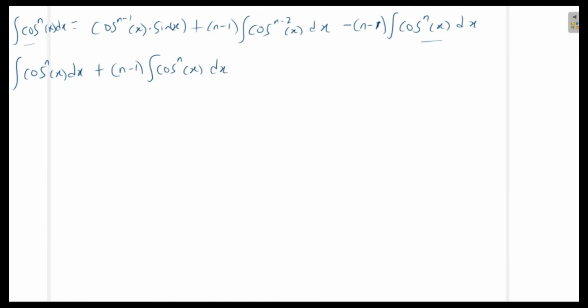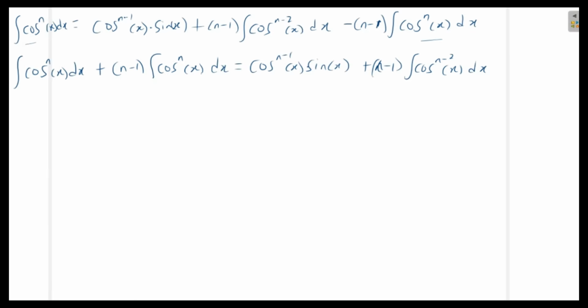Right, then you bring your dx, and this is equal to cos n minus 1 of x multiplying sine x. Right, then plus n minus 1 also multiplying the integral of cos to the power n minus 2 of x dx.